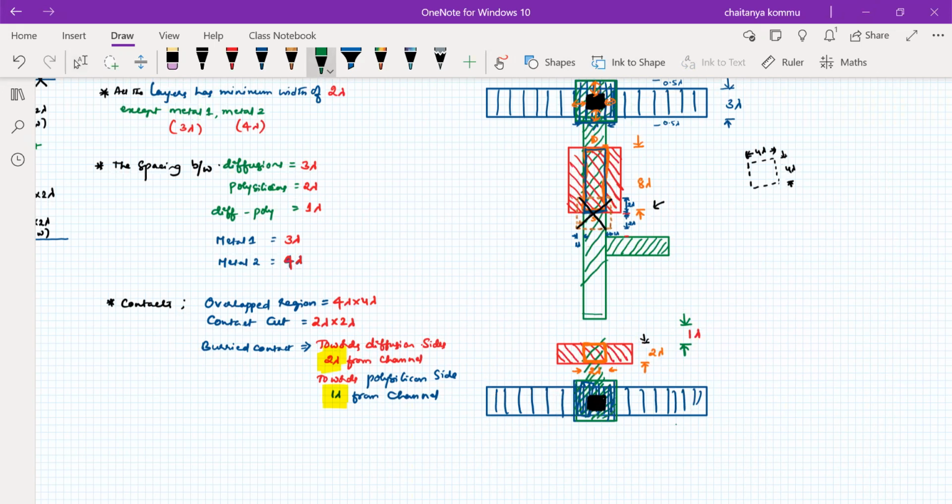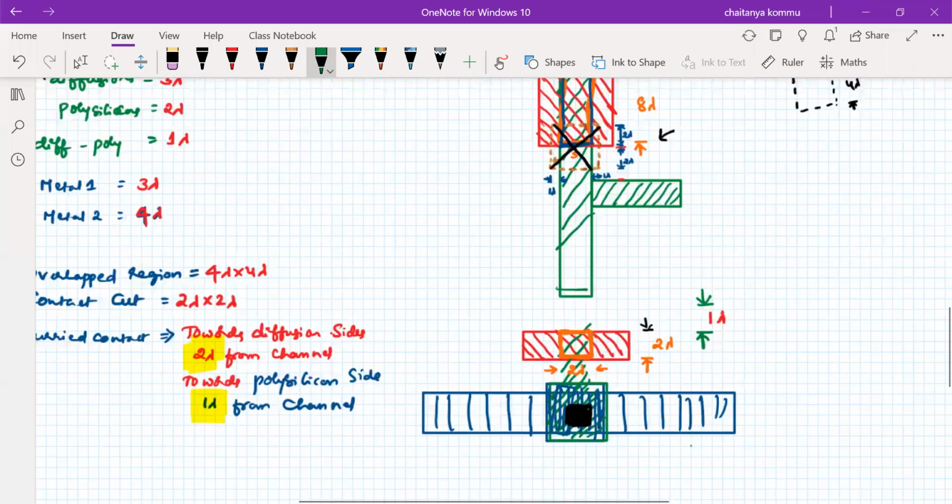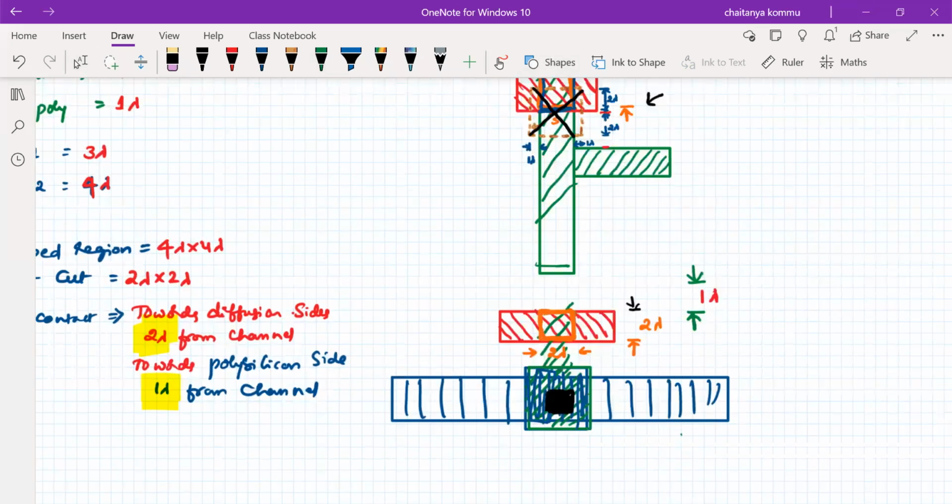So from here to here, extend this towards this side. Okay, fine. Now we can draw these lines up to this point.